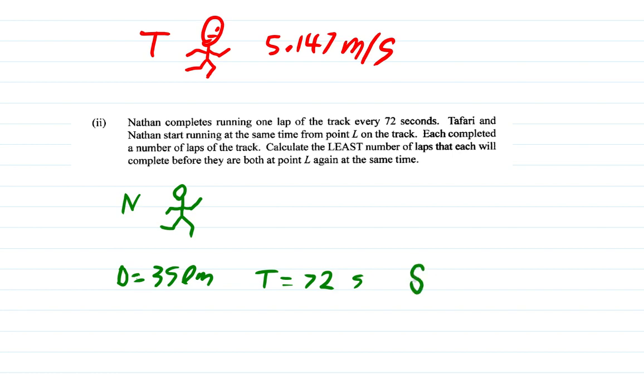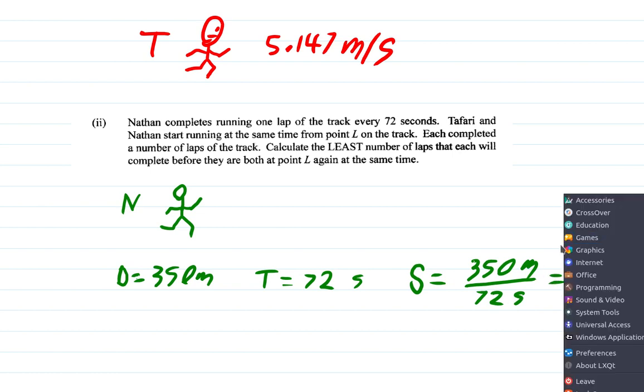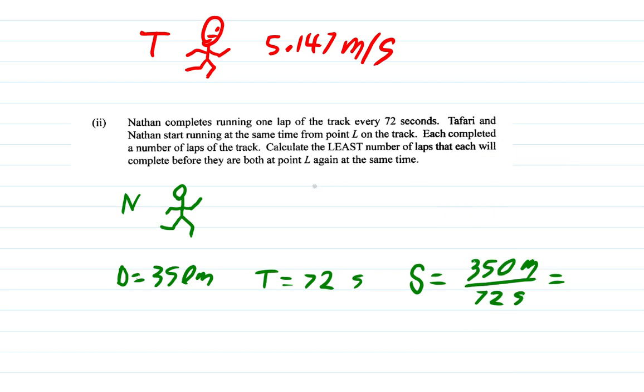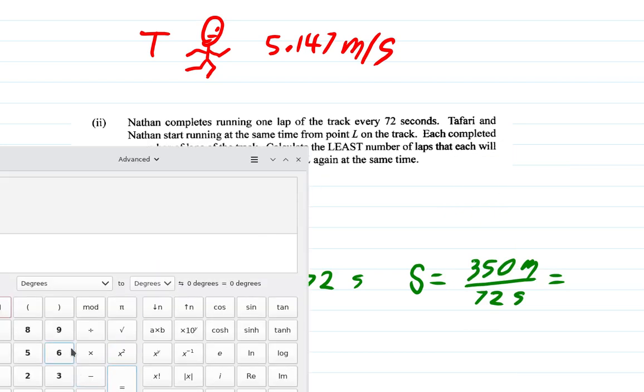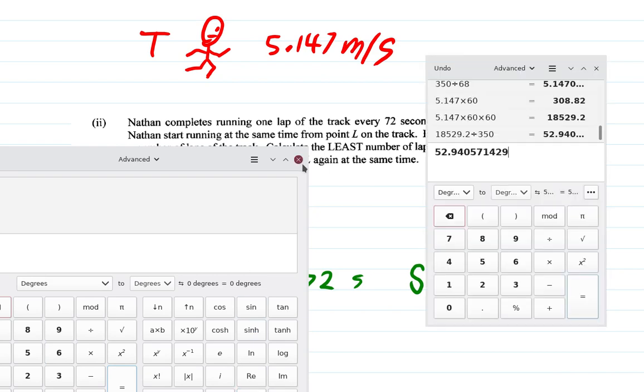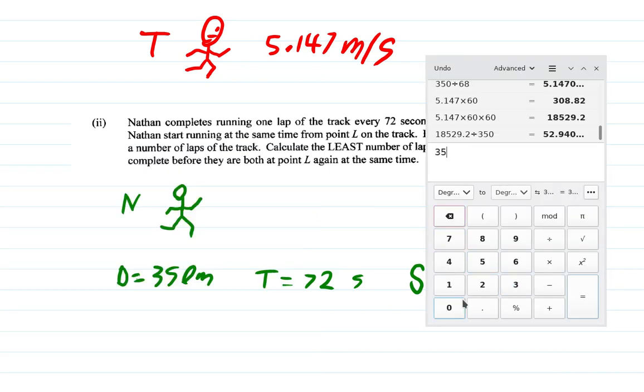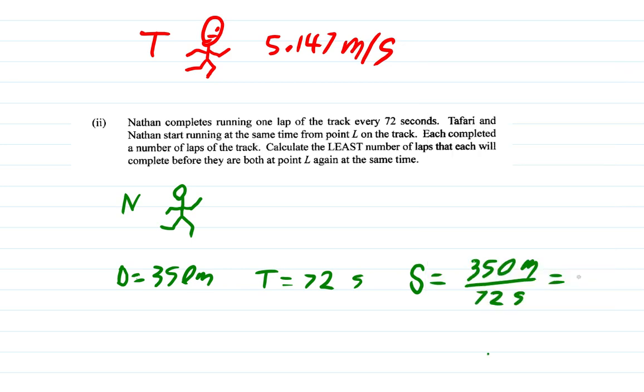So Nathan's speed is equal to distance 350 meters over time 72 seconds, in meters per second. 350 divided by 72 equals 4.861 meters per second.